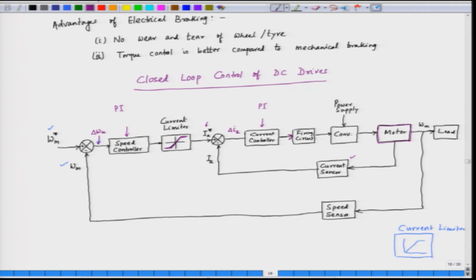So, when we are controlling the current, we are also controlling the torque of the motor. So, if we compare this to the speed PI controller, the current controller is usually a fast controller. So, the current controller is faster than the speed controller.